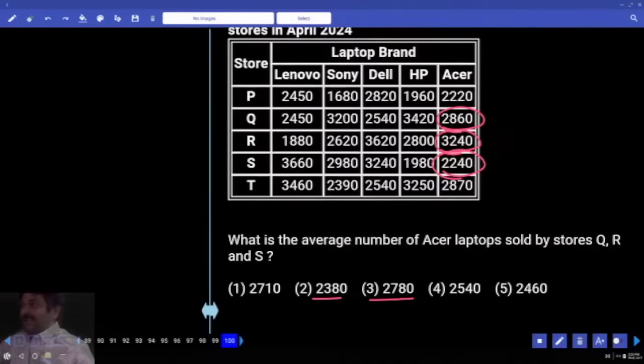When you observe your original numbers, one is 2,800, one is 3,200, third one is 2,200. When you compare those numbers with 2,300 and 2,700, is the average of these three numbers close to 2,700 or 2,300? Your common sense should tell.